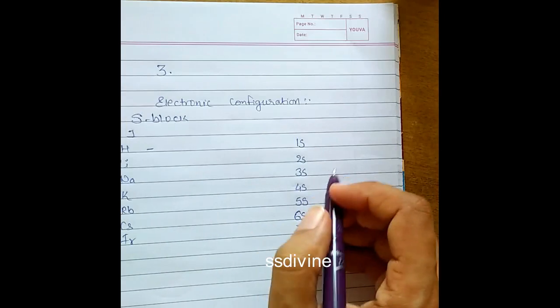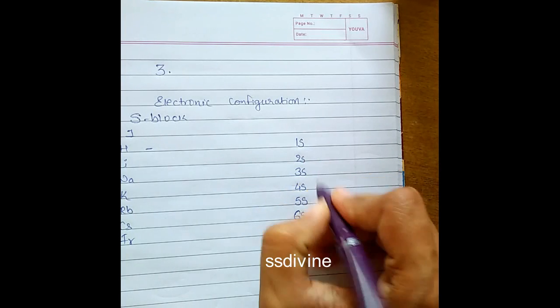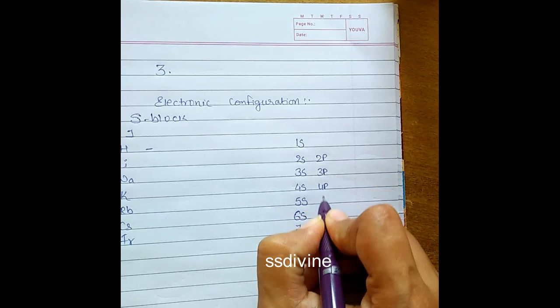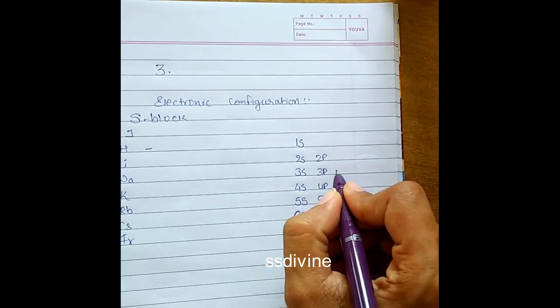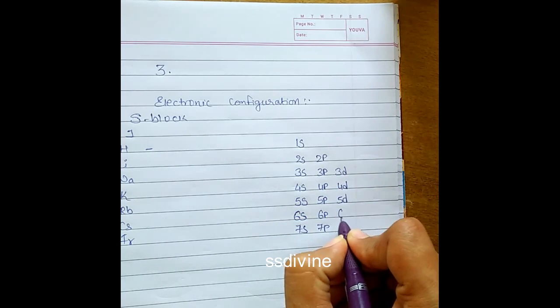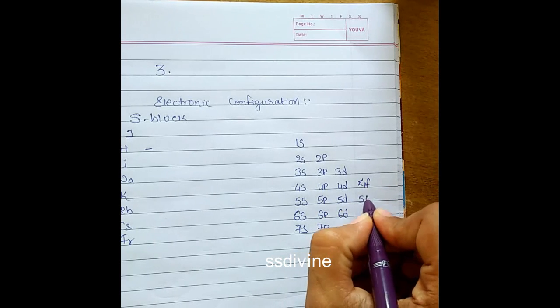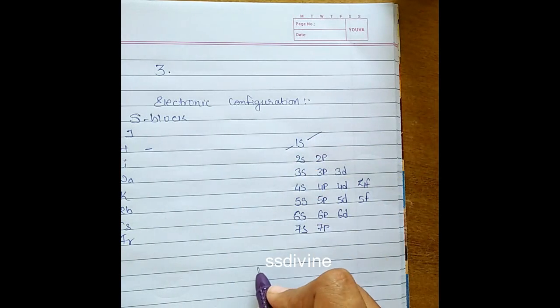This is a trick to understand how to fill the electrons. 1s, 2s, then you can write from here 2p, 3p, 4p, 5p, 6p and 7p. Then here 3d, 4d, 5d and 6d, 4f and 5f.